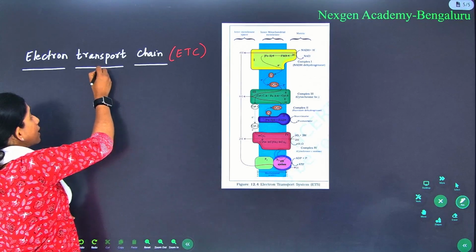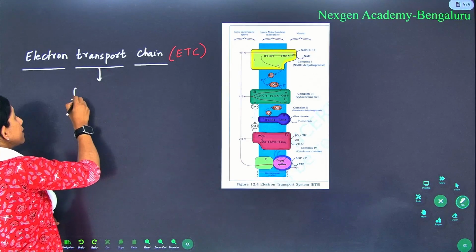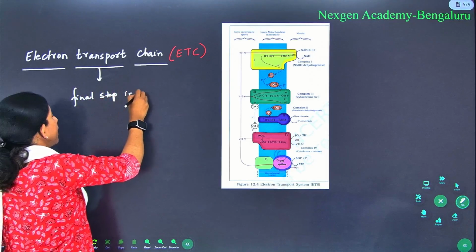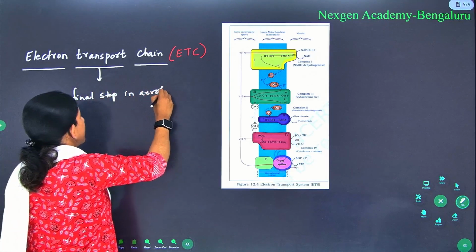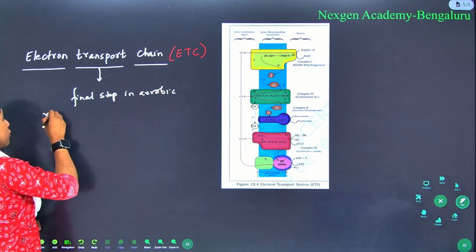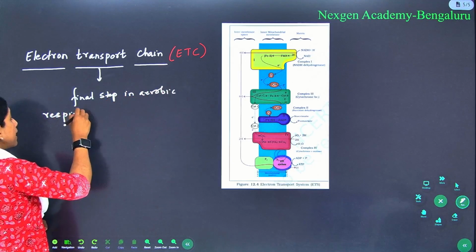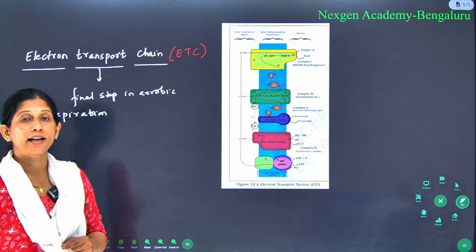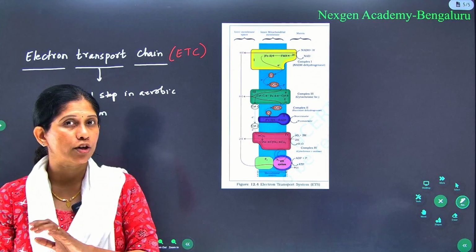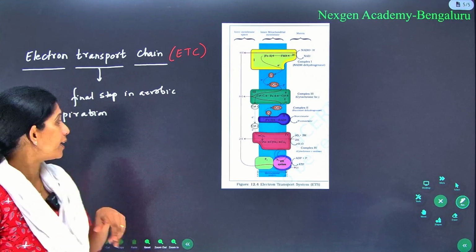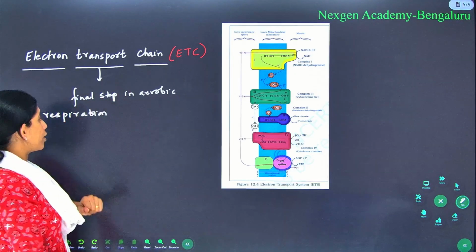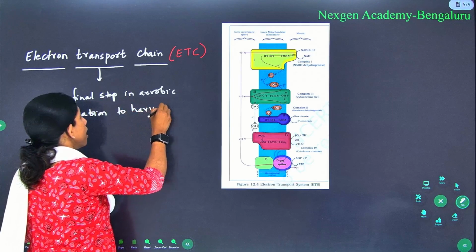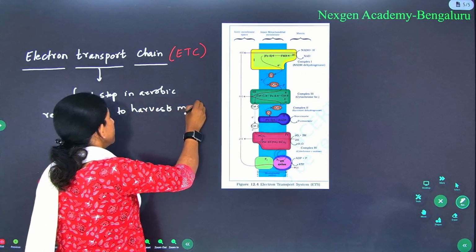Electron transport system is the final step in aerobic respiration, right? When I say it is the final step in aerobic respiration, that means it only occurs in aerobic respiration. It is not a part of anaerobic respiration, right? It is the final step in aerobic respiration to harvest maximum energy.